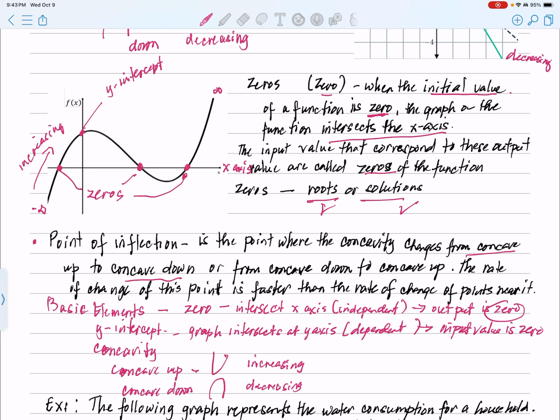As soon as from the y-intercept, if we try to look at the direction of the movement of the graph, all right? From here, it starts to decrease, going down, decreasing. And then here, it decreased and started to increase. Okay? So this point right here is concave down.